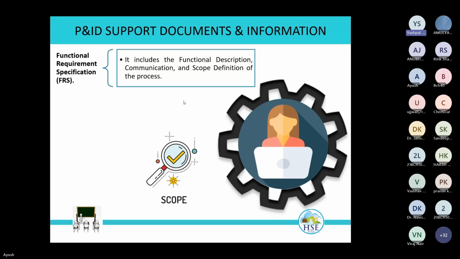That specification, normally we put a flow or sometimes a material balance in the P&ID, and some specific parameters of the particular chemicals can also be mentioned through the P&IDs. All that includes the functional description, like process flow, and the scope definition of the process. That we can define through the P&ID. Next slide please.